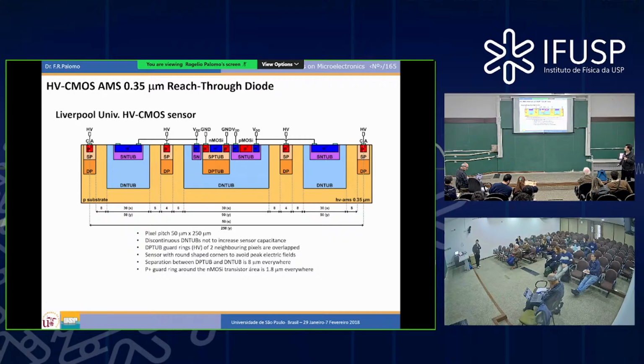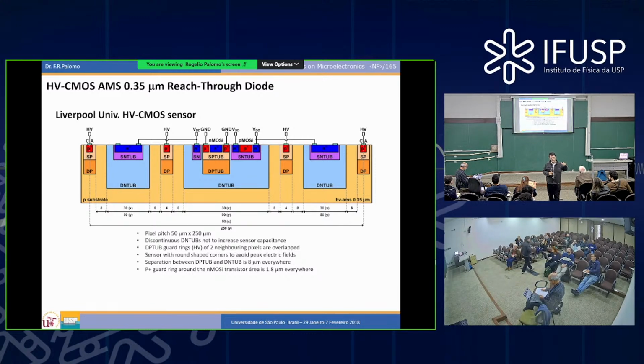Well, next endeavor in RD50. We started in 2016. Why? Because the people from the phase 2 upgrade were writing the big book of the phase 2 upgrade, okay?